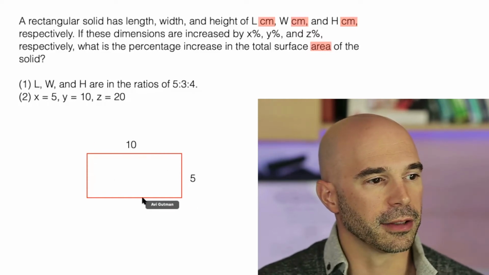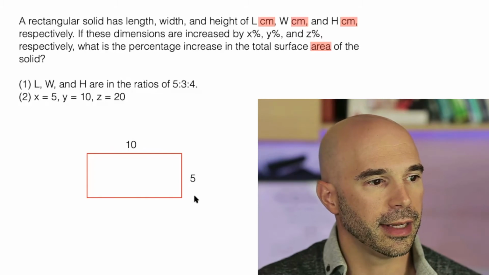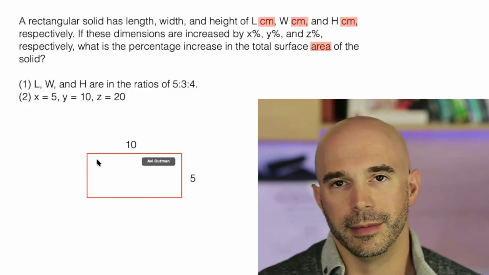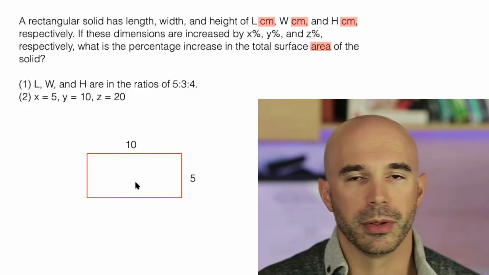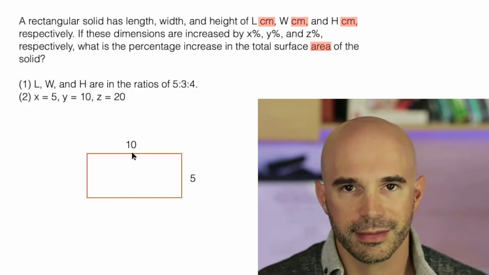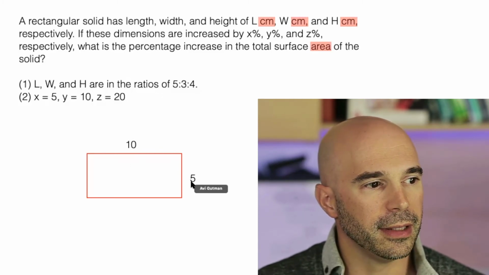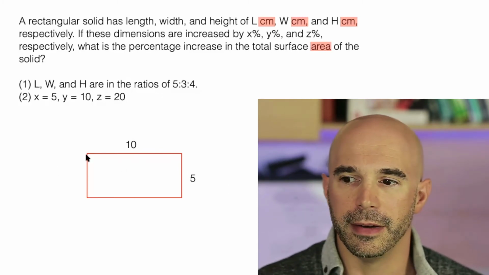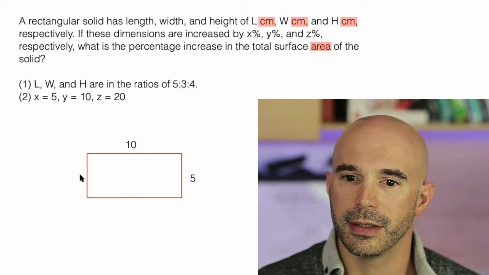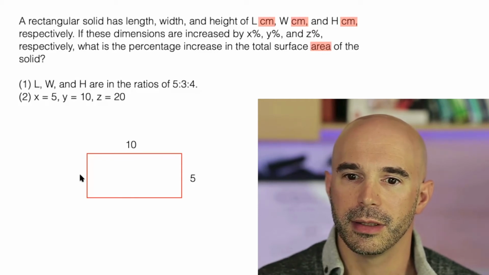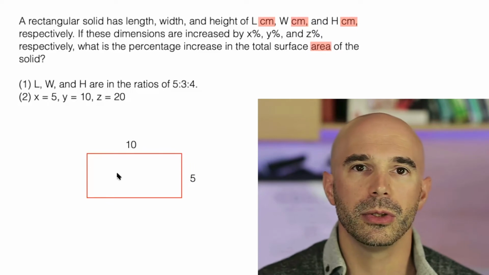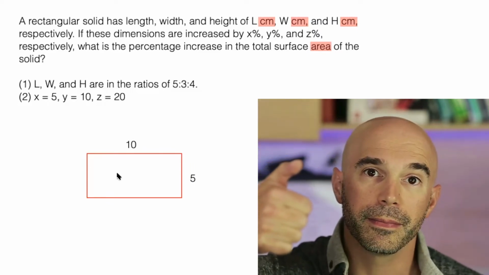Here's a simplified example. Here we just have a regular rectangle, 10 by 5. The surface area, since it's a two-dimensional shape, would just be the area, which would be 50. But if I double the 10 and I double the 5, what happens to the area? It doesn't double. It would get multiplied by 2 squared.